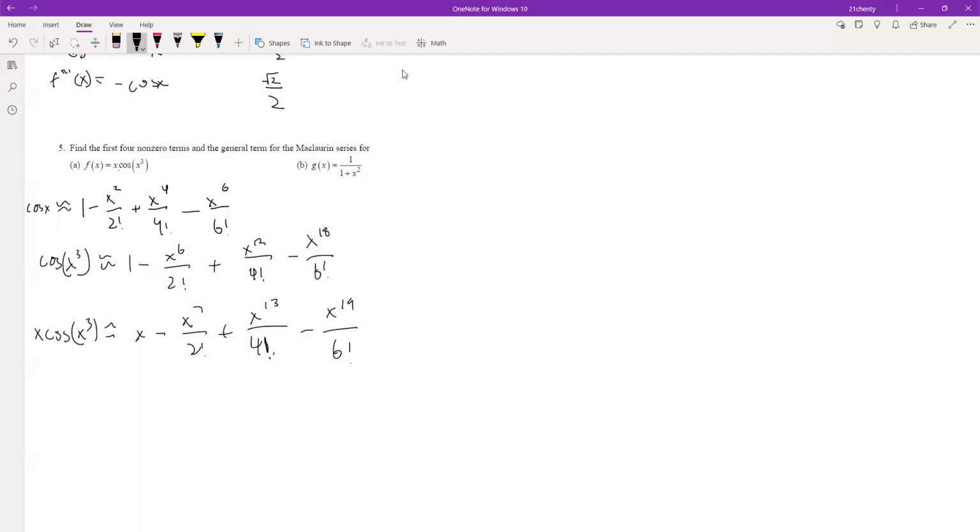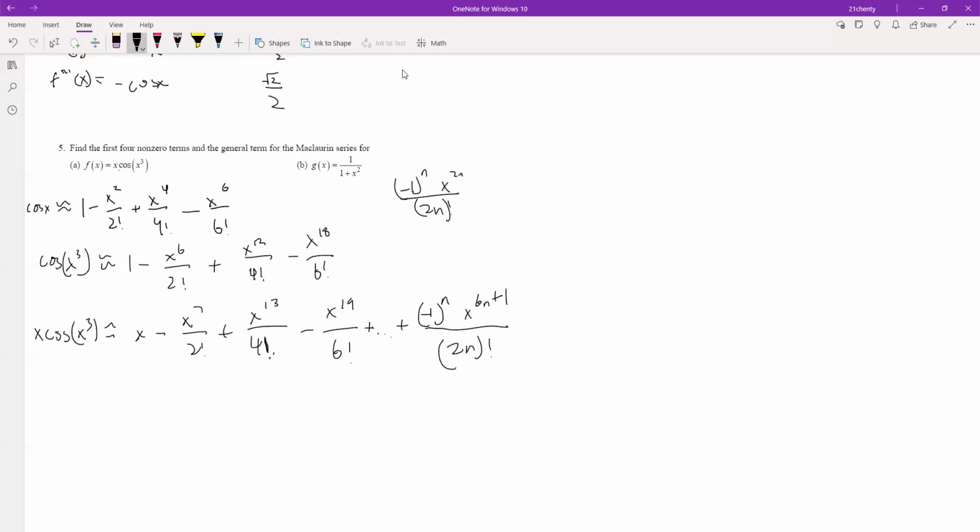And so we can see the general term is x to the 6n plus 1. Or wait, sorry, it's alternating. So negative 1 to the n times x to the 6n plus 1, because we start at n equals 0, right? Over 2n factorial. The general term of cosine x is negative 1 to the n, x to the 2n over 2n factorial.